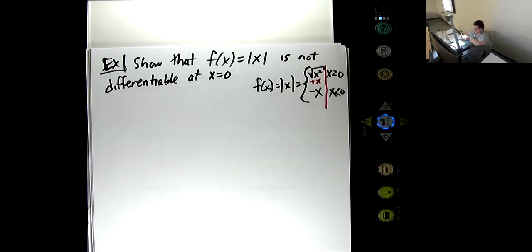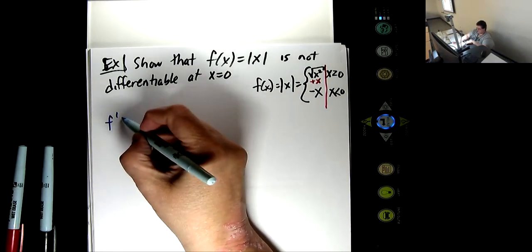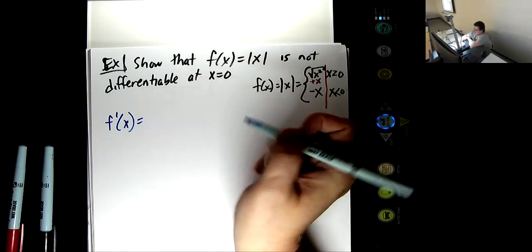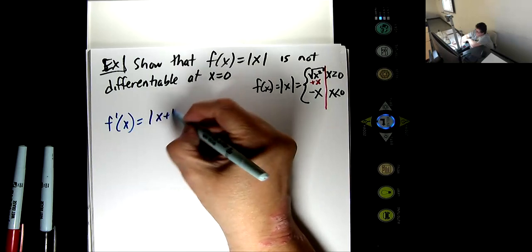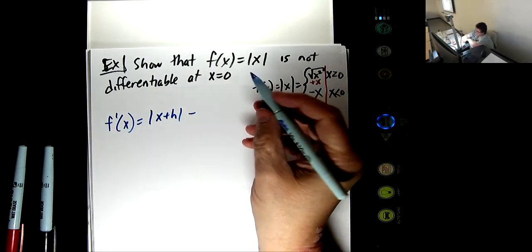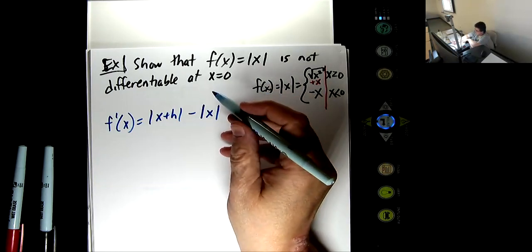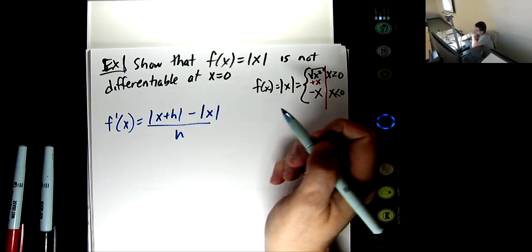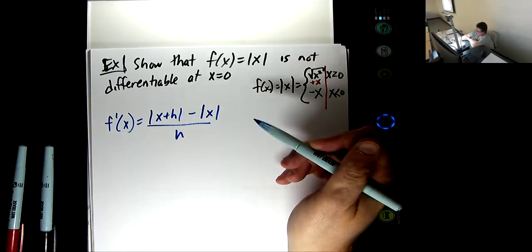So let's look at our limit. Let's see what this is doing. If we want to show its derivative, let's just find its derivative in general. f prime of x is the absolute value of x plus h minus absolute value of x all over h. That's the general form. This can be a pain for looking at different values.